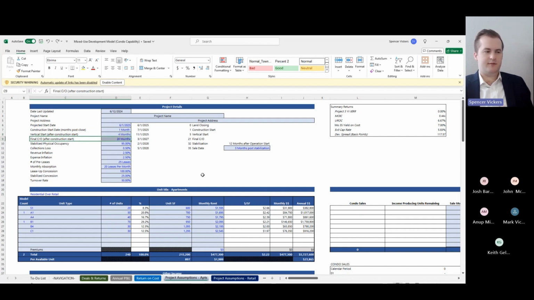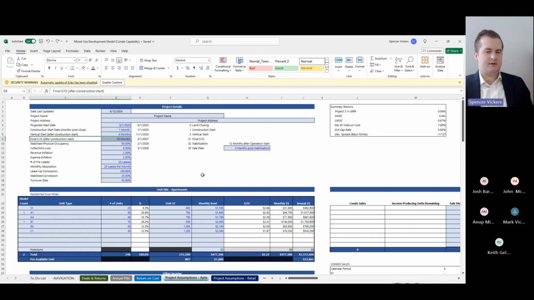This particular project assumes that you start leasing after the final CO. I know in garden style multifamily or in certain development projects where you have several different buildings, you could set it up to where you want to start leasing after the first CO. But this one starts after the final CO, gives you a little bit more of a conservative assumption.